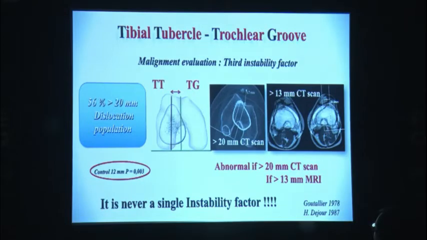So you measure that by superimposing 2 cuts, one from the trochlea, one from the tibial tuberosity. So you need to have some tools to measure it. It's very important. And it would be abnormal if it's more than 20 millimeter on the CT scan and more than 13 millimeter on MRI.